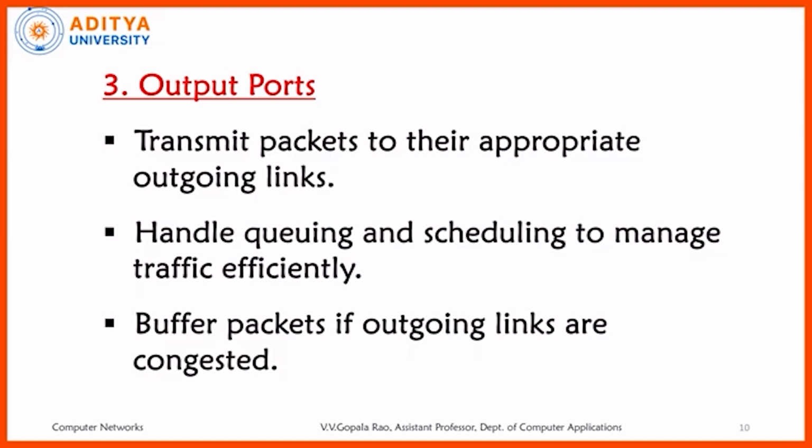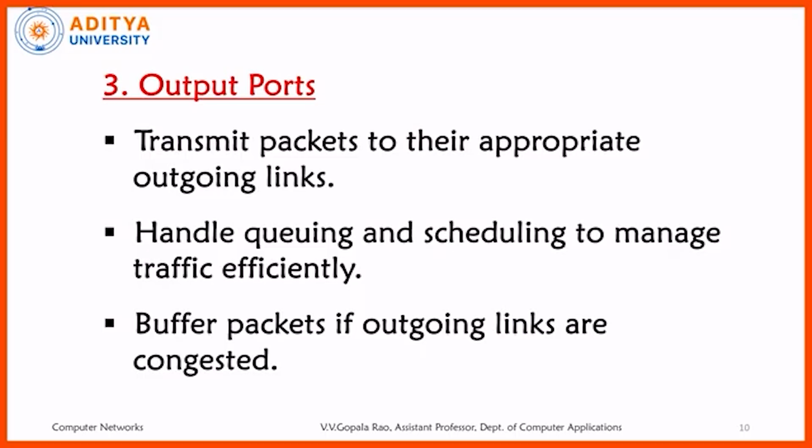And there is one more point: buffer packets if outgoing links are congested. Buffering is another important area where packets are temporarily held. Buffer is nothing but a small memory area. You have seen that the routing processor has a small portion of memory, small compared to the memory of the whole system.